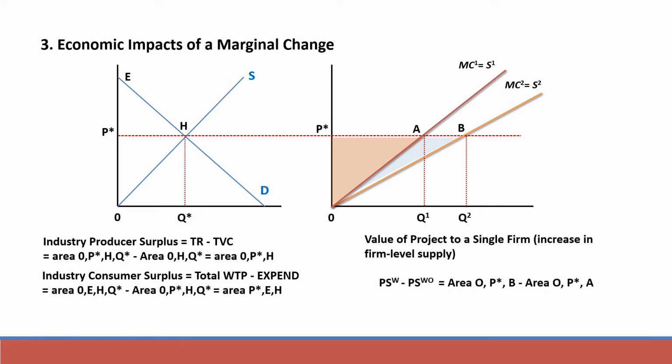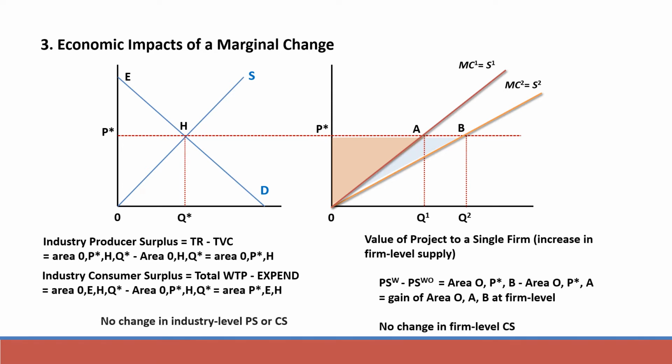The producer can now increase production from Q1 to Q2, and the producer surplus gain is area OAB, which I show in light blue.